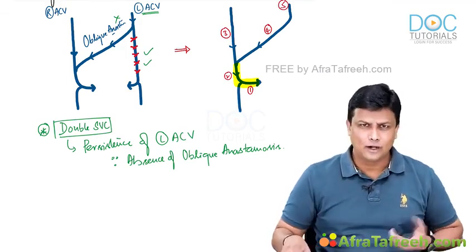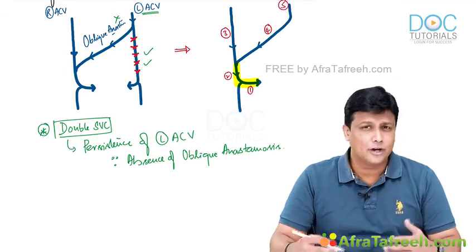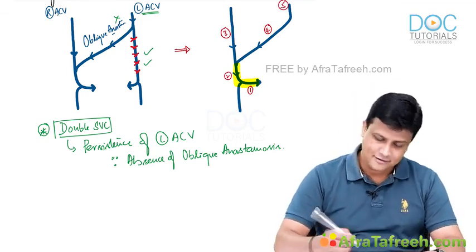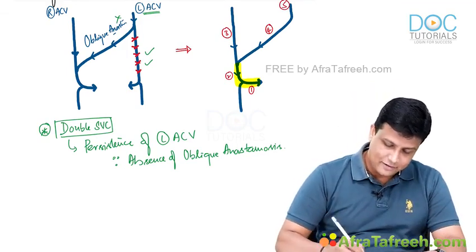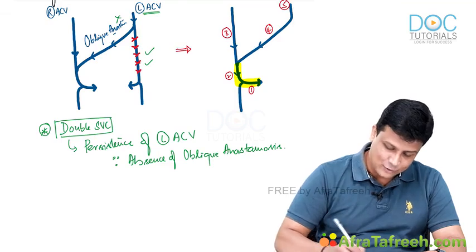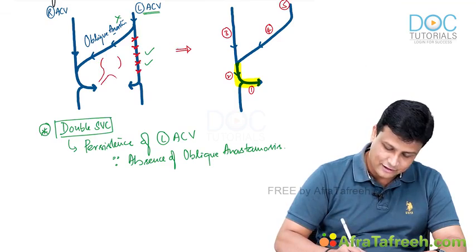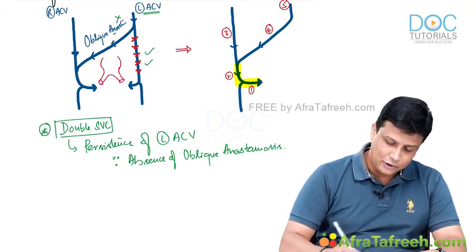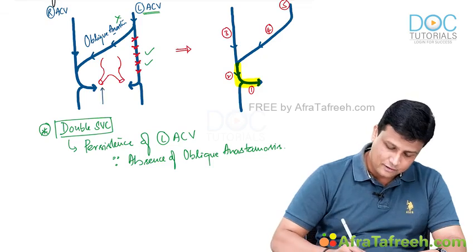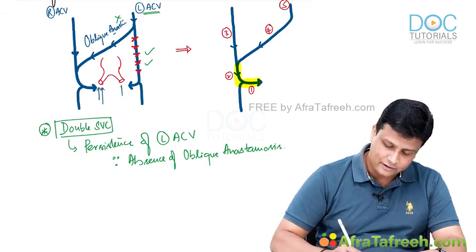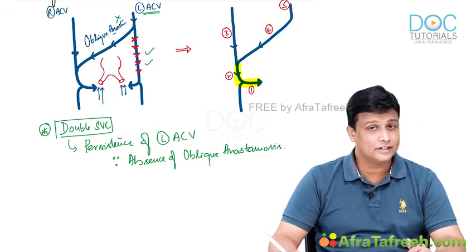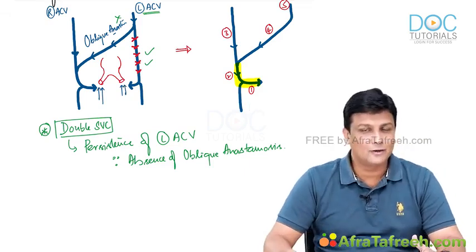What is the reason for that? Why or how is it going to drain into the coronary sinus? It's very simple. Imagine the sinus venosus, and the sinus venosus has the right horn and the left horn. Our same diagram from the very beginning, where you have the umbilical vein and the vitelline vein, and then the umbilical vein and vitelline vein on the other side also, and even the common cardinal vein.